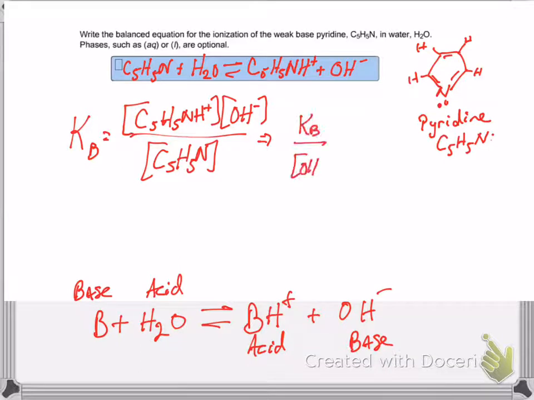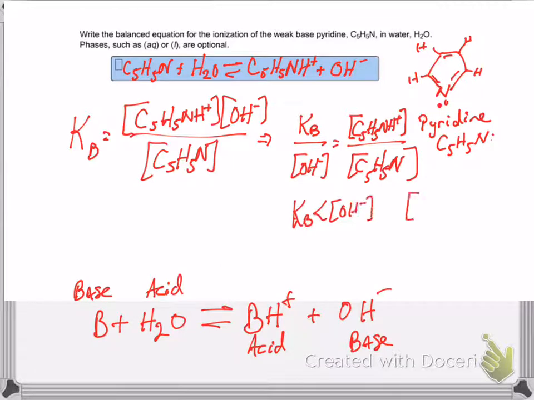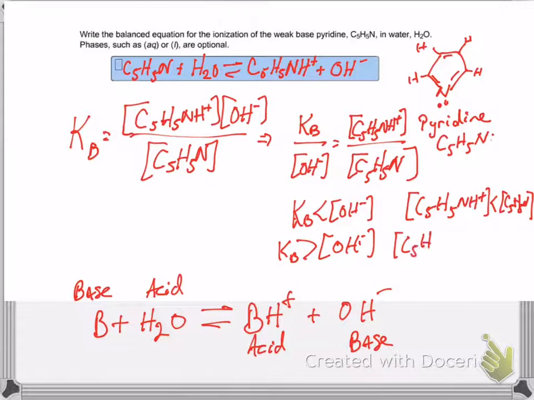We can then divide both sides by hydroxide like we did for the acid, and we see that same type of relationship. By controlling the hydroxide ion concentration, given that Kb is a constant at a given temperature, we can control the ratio of the conjugate acid to the base. If the hydroxide ion concentration is less than Kb, we have less of the conjugate acid than the base, and if Kb is greater than the hydroxide ion concentration, we see the opposite: there's more conjugate acid than base.